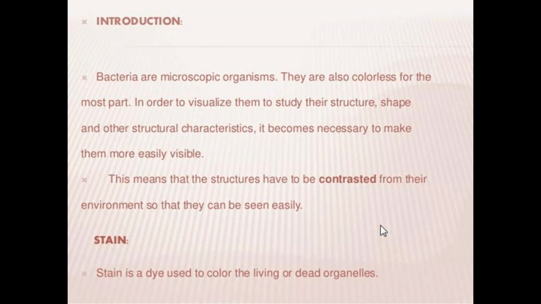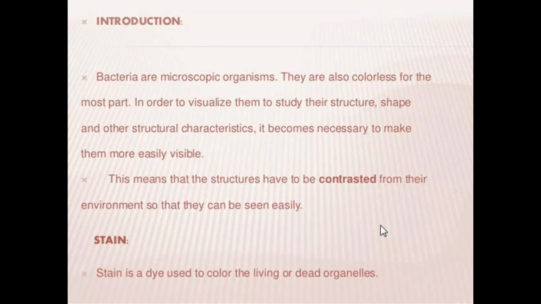These dyes enhance the contrast in the structure or shape, which allows visualization of particular microorganisms. That means staining techniques are mainly used to visualize the structure, shape, and other arrangements present in the particular microorganism.